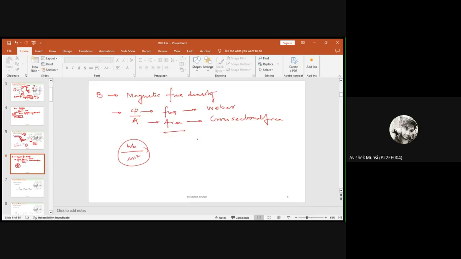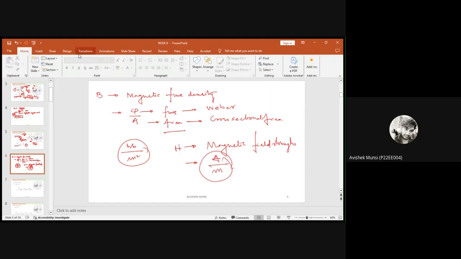H, which is the magnetic field strength, can also have another unit, ampere per meter. Clear?